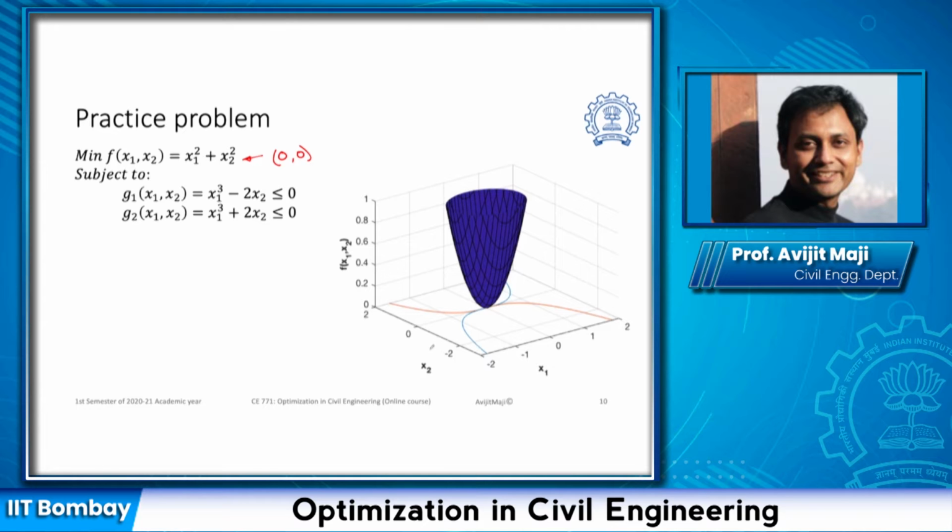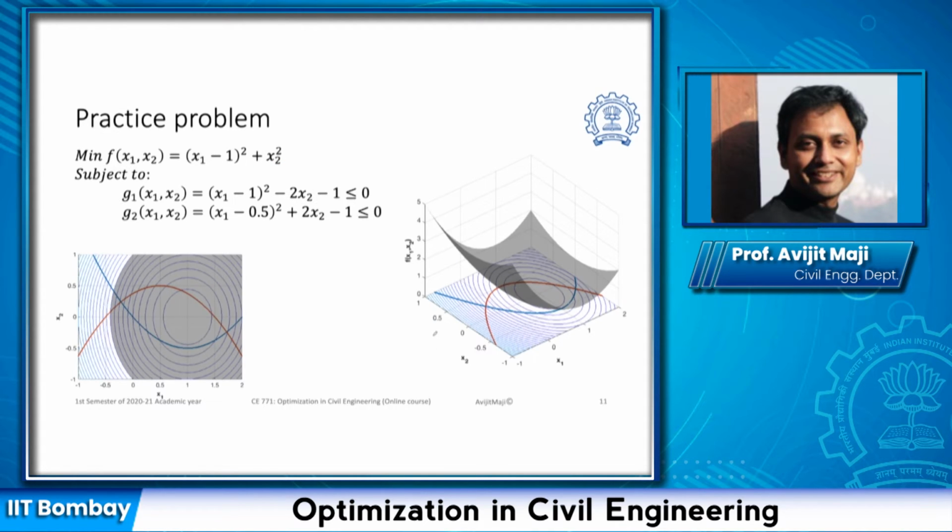Similarly, I have another practice problem. In this practice problem, we are using the objective function which we had used in the example I have shown you. However, my constraints are slightly different, and now we have multiple points where my constraints are meeting each other. As I said, my blue line represents the first constraint.